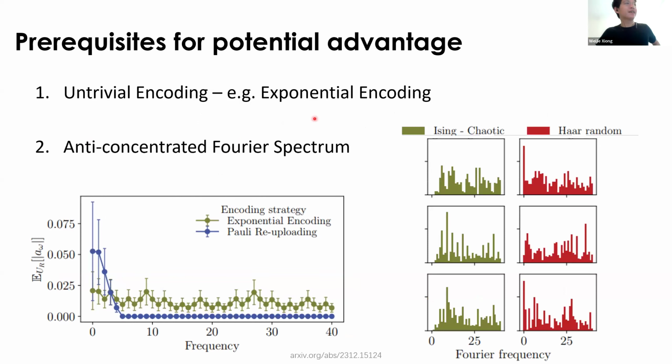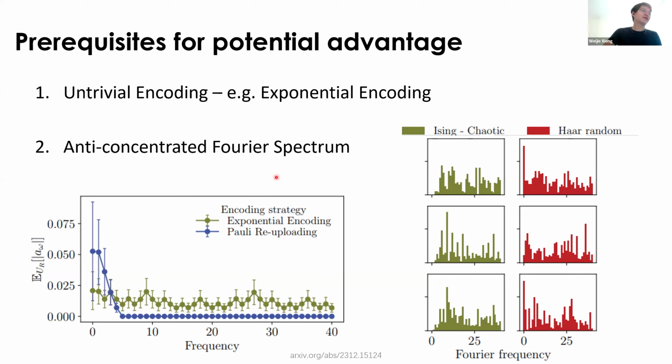So yeah, in summary, if you want to achieve potential quantum advantage, you have to use a nontrivial encoding, such that you get exponentially many frequencies, and you also need to use a nontrivial reservoir, such that you have exponentially many non-zero Fourier coefficients, and the Fourier spectrum is anti-concentrated.